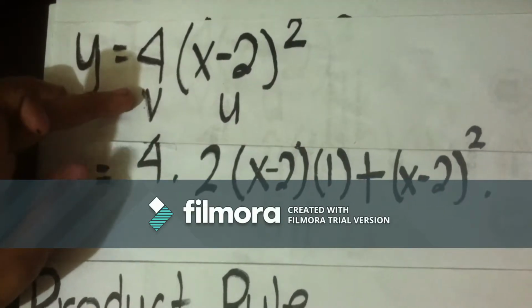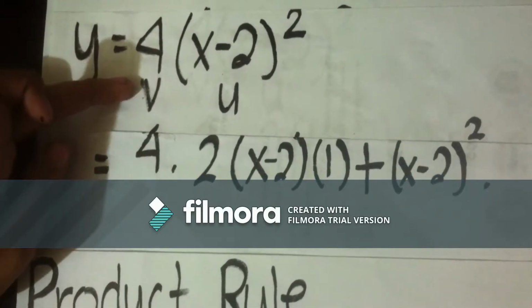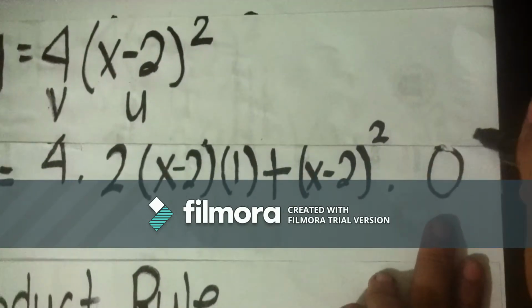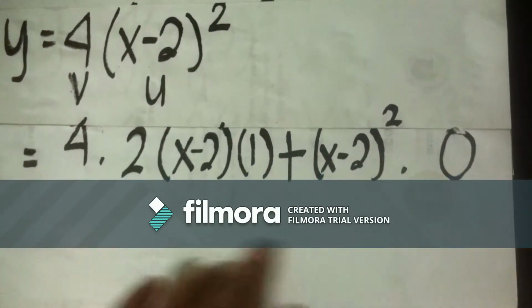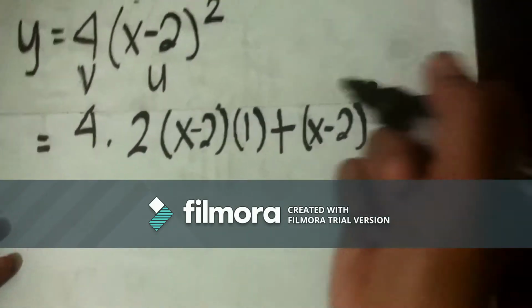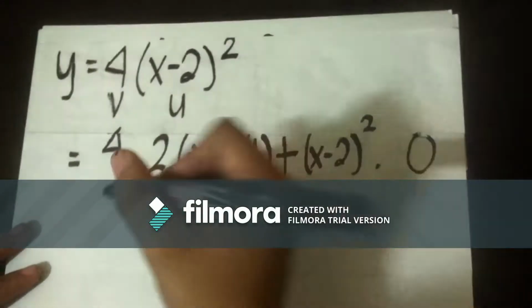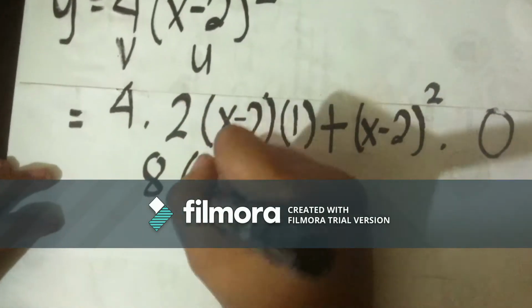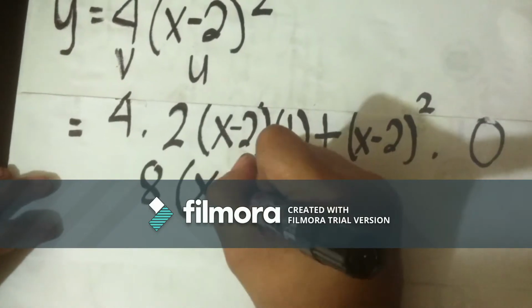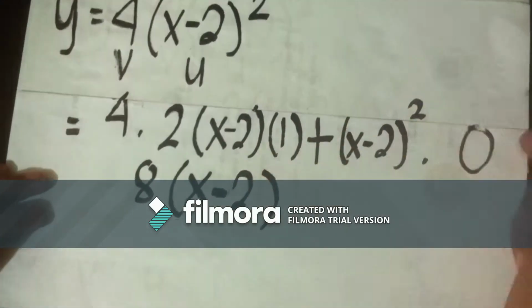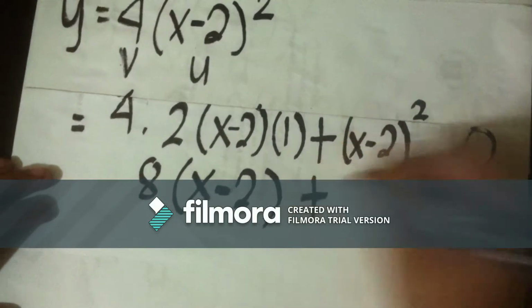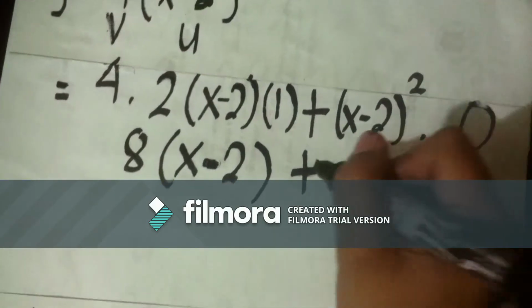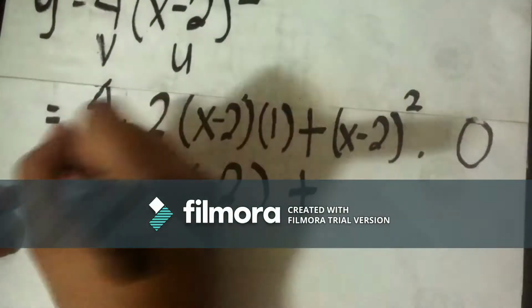As we all know, the derivative of any number or constant is always 0. So, here, we are now going to multiply. So, 4 times 2 equals 8, 8(x minus 2), plus (x minus 2) squared times 0 is 0, so what will remain is 8 times (x minus 2).